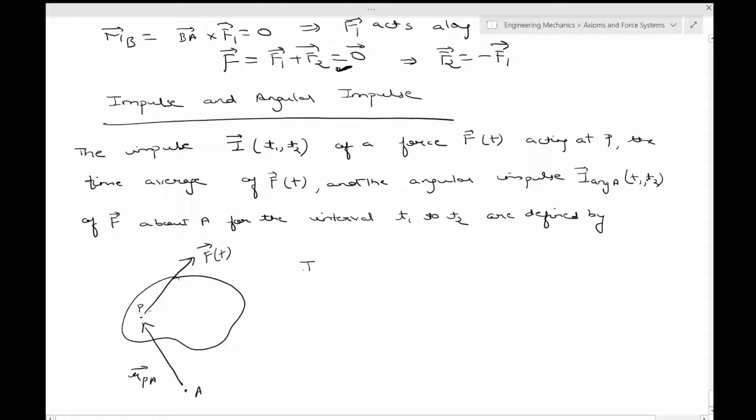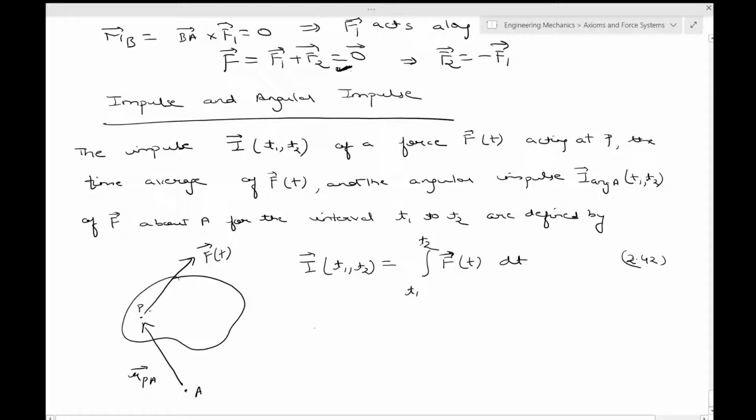So the impulse is defined as the integral from t1 to t2 of F of t dt. This is equation 2.42.